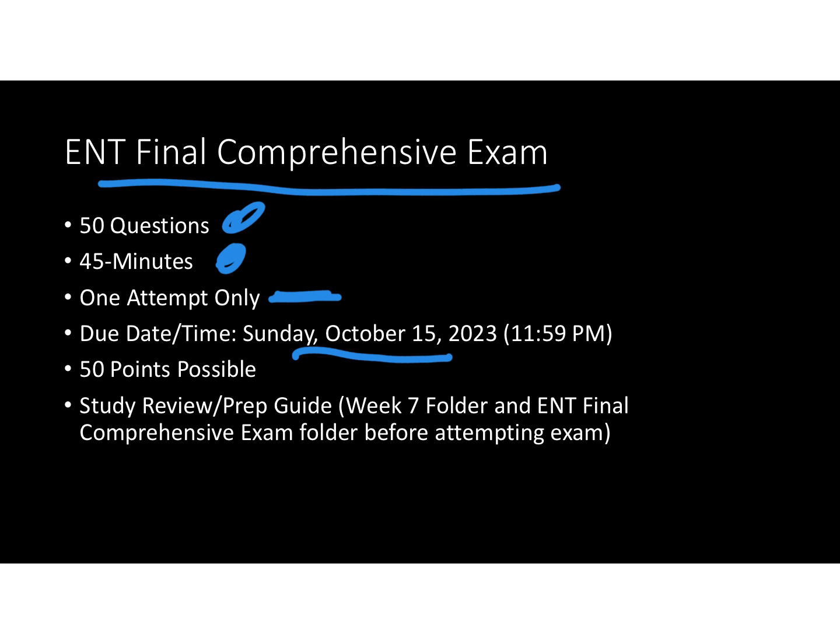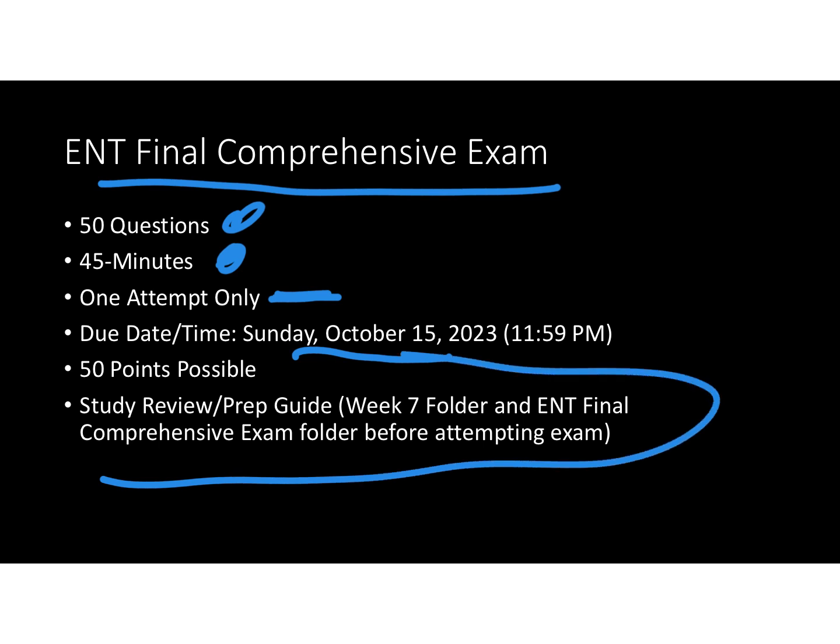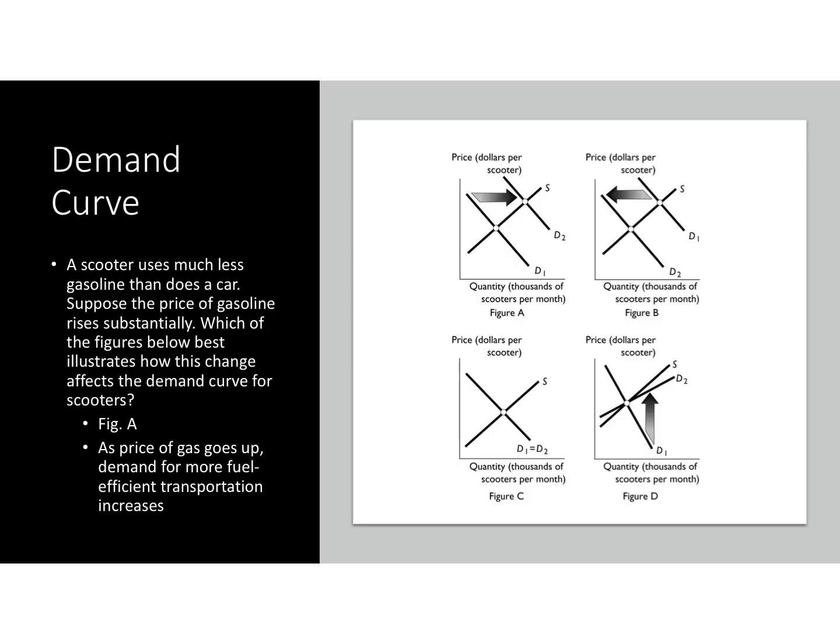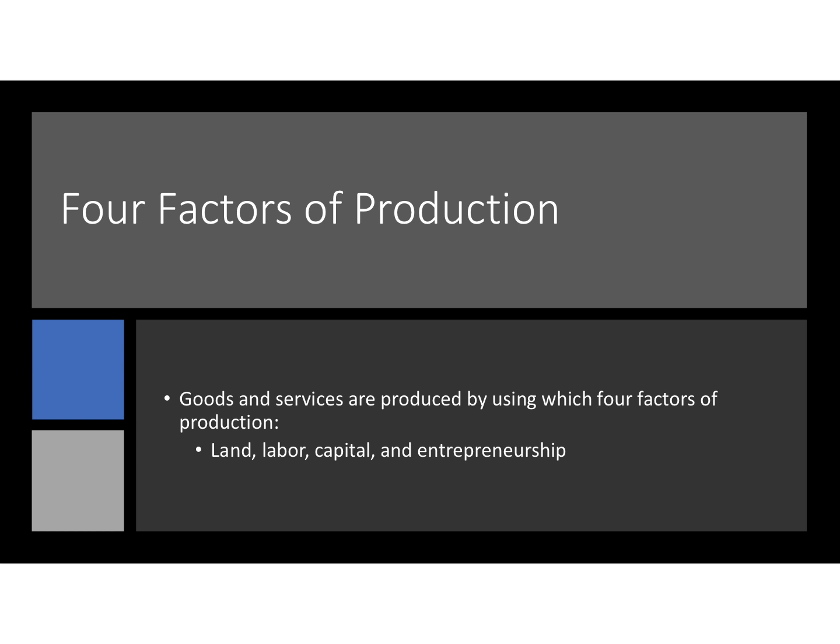So I have put together a comprehensive review study guide. I strongly encourage you to use that document because you're going to run into questions like this that you haven't seen in a long time. So, demand curve. Then you jump over here, the 4 factors of production.